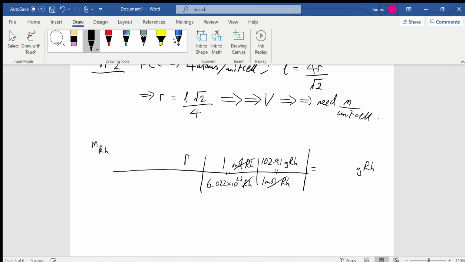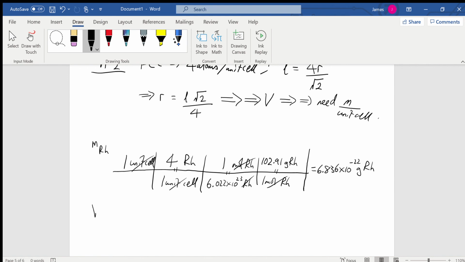So I can promote rhodium atoms up here. It crystallizes with a face-centered cubic unit cell. So there's 4 rhodium atoms in a unit cell. And I'm interested in just 1 unit cell. Multiply that through and we get 6.836 by 10 to the negative 22nd power grams of rhodium. Okay, so I've got the mass of rhodium in a unit cell.